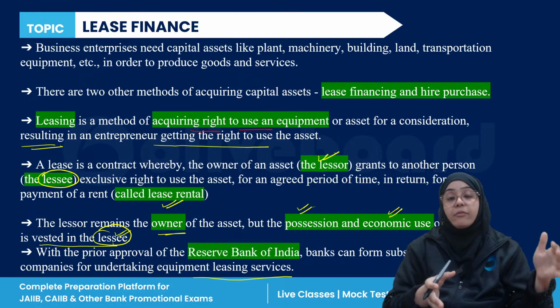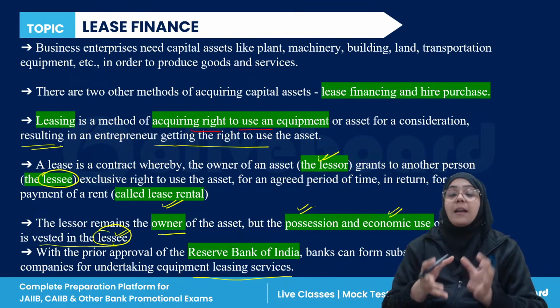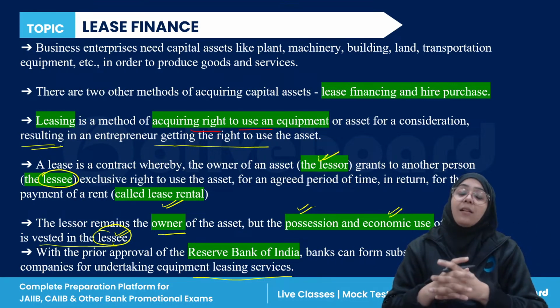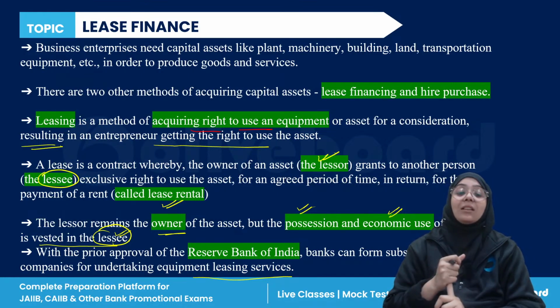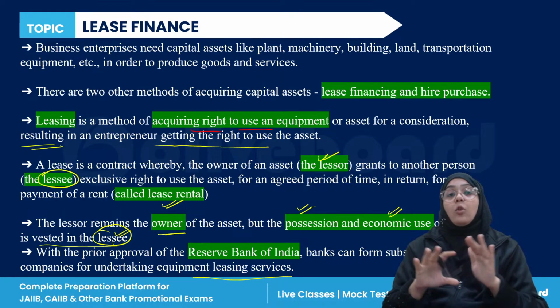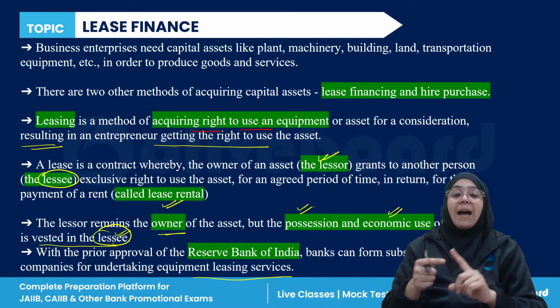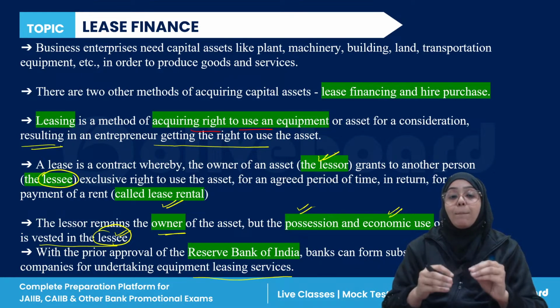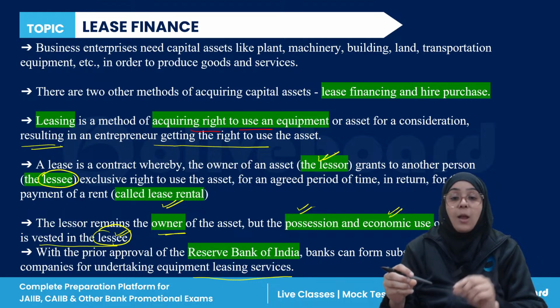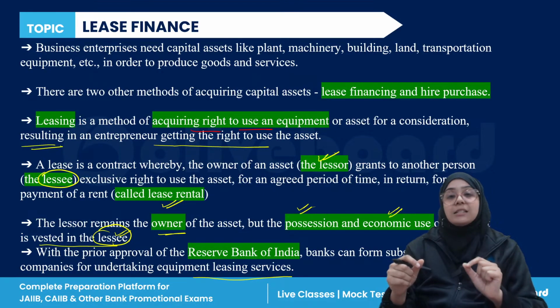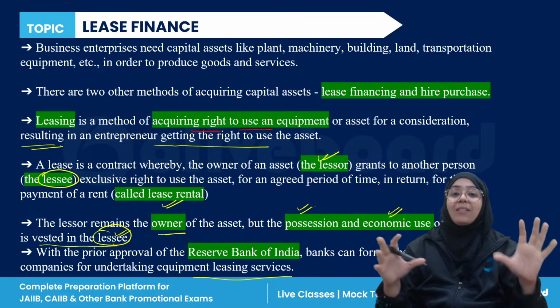So always remember this very important point: a bank cannot take up this lease finance business departmentally. No, a bank can take up equipment leasing services by forming a subsidiary company. Clear? That is known as lease finance.